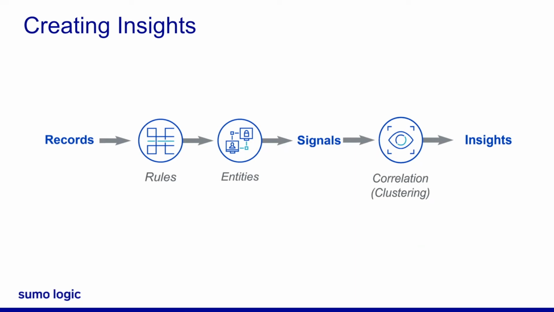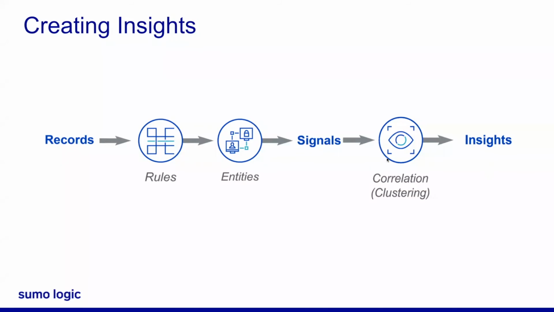It's going to tell you who the potential threat is. Once an entity is in the CloudSIM system, CloudSIM is going to track the total severity score of signals associated with each entity as an activity score. Once that activity score gets high enough, usually over 12 by default, then an insight will be created.